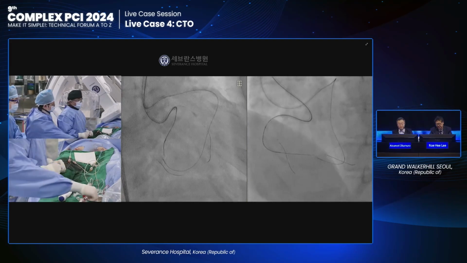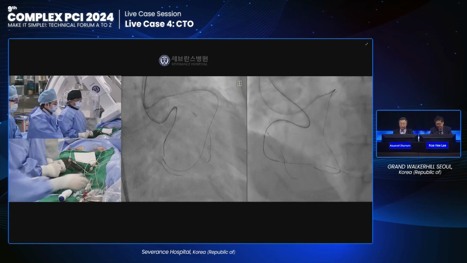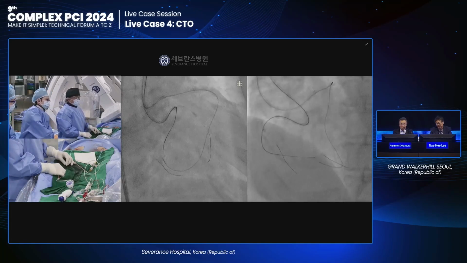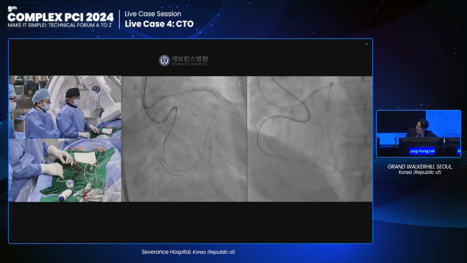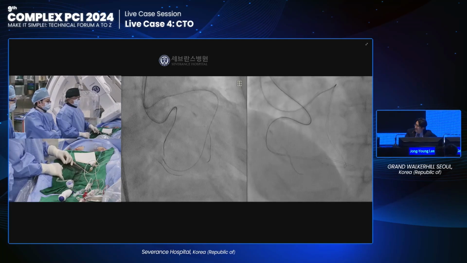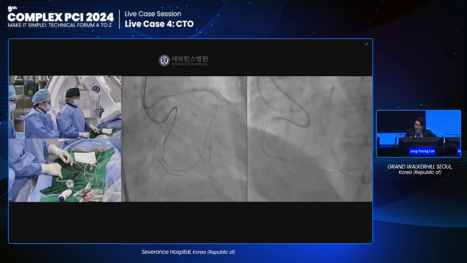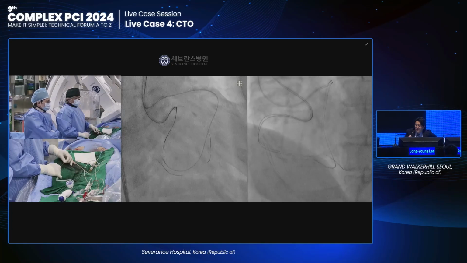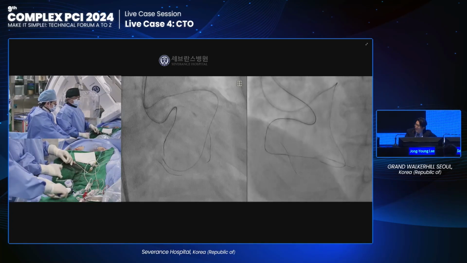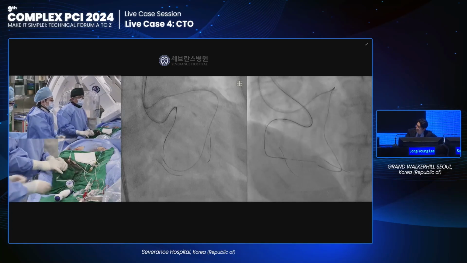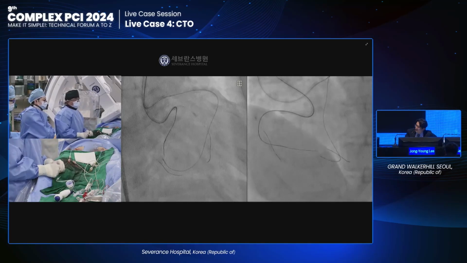Yeah. In this situation, antegrade wire stop and retrograde wiring, or just antegrade go, which one is your preference? More antegrade wire advance, or just the retrograde wiring approach?